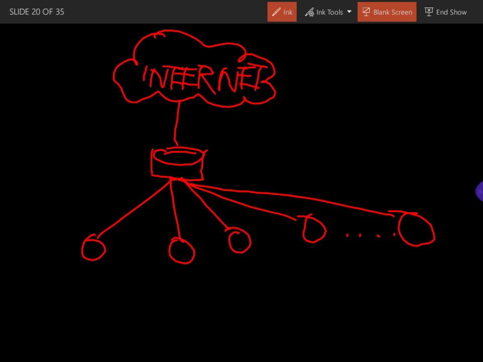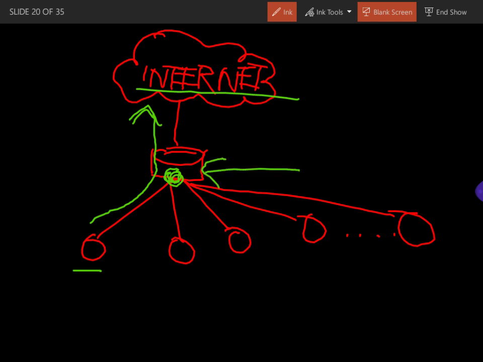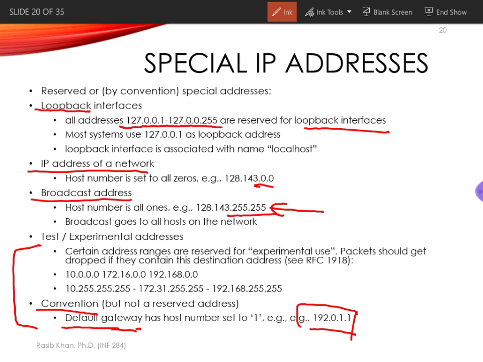So in this case, whenever any host would like to send a packet to the outside world, which is on the internet, it would need to go through the interfacing router. And this is what we call the default gateway. And generally, this is an interface where we assign the first IP address of a given network, and that is the default gateway.